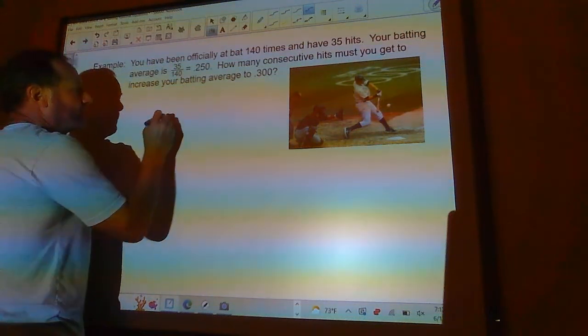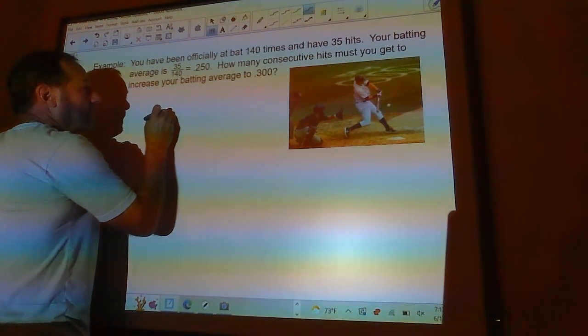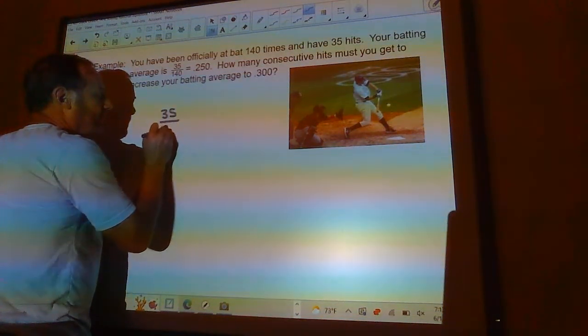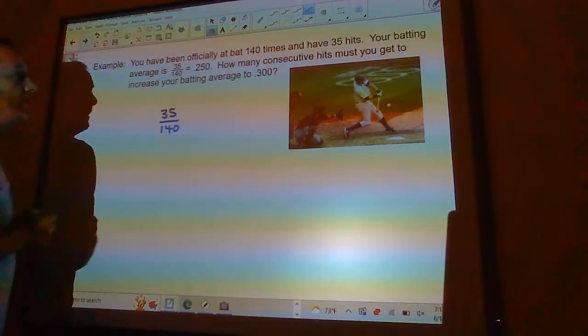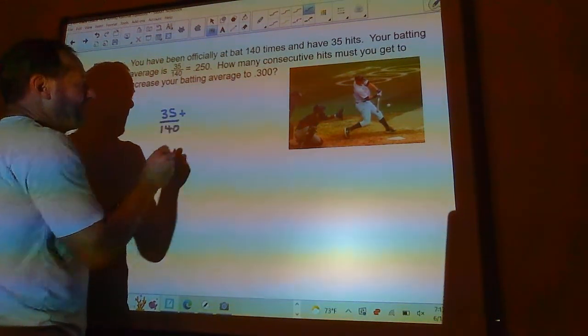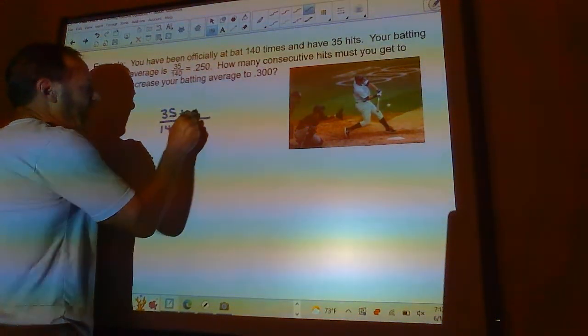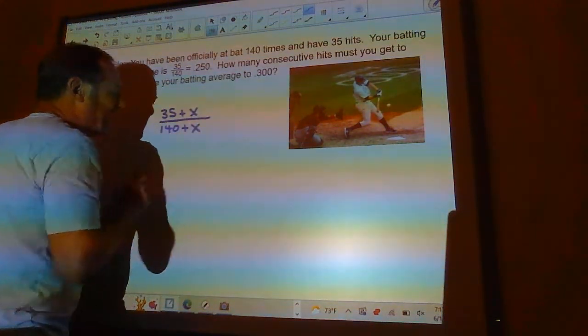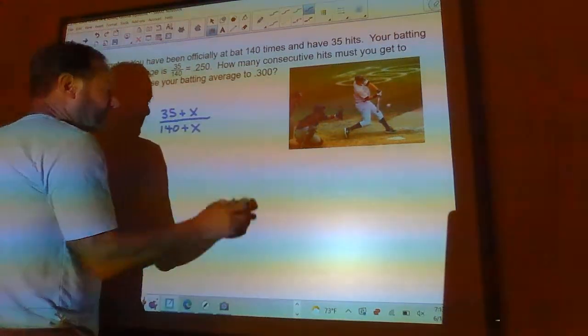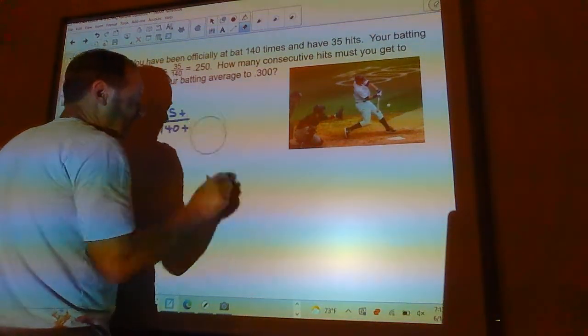So, let's see. 35 out of 140. Now I need to add how many at bats. So I'm going to add X to this, and I'm going to add X to this. Now why am I doing that? Well, let's call it, instead of X, let's call it H. Okay.